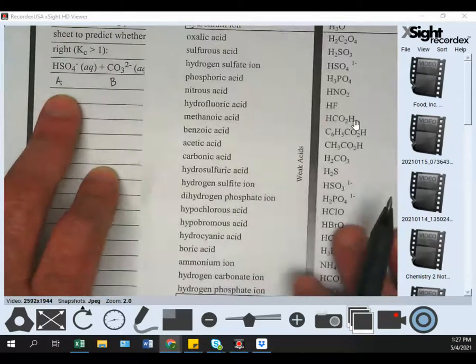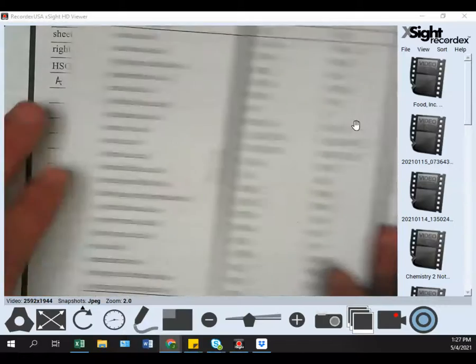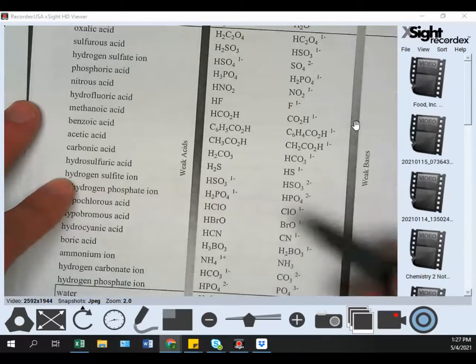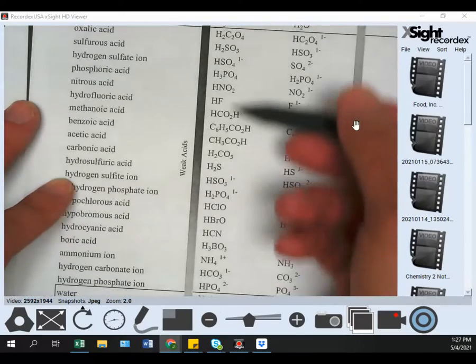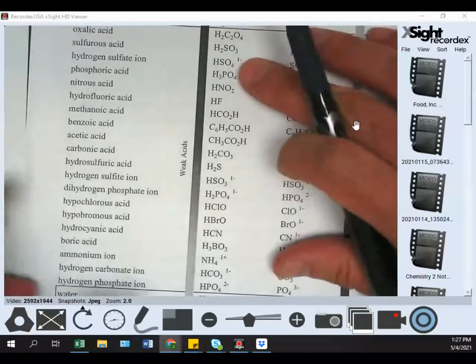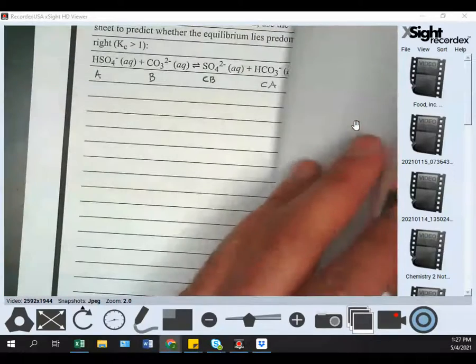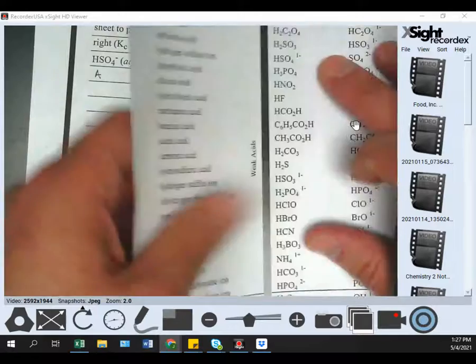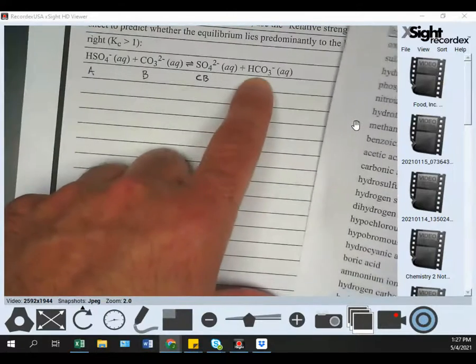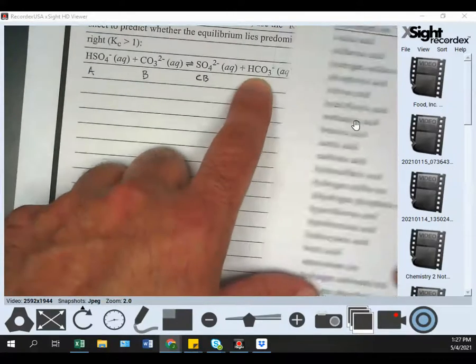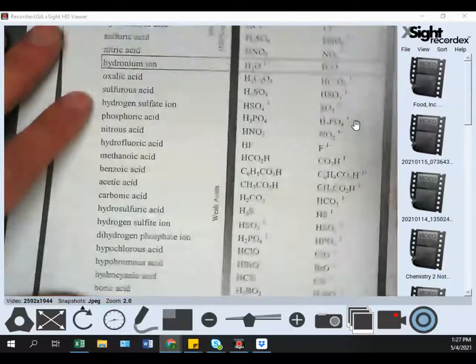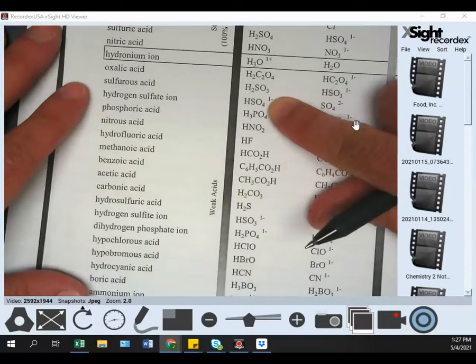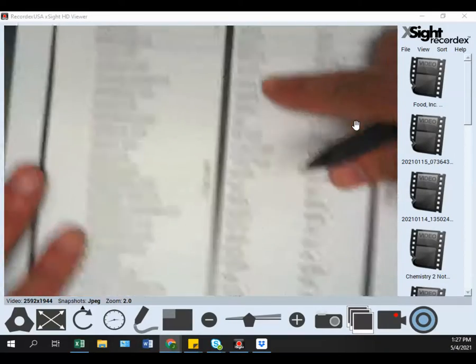HSO4 negative. We're comparing it to HCO3 negative. So HSO4 negative, anybody see the HCO3?